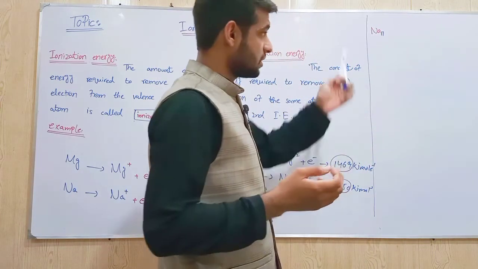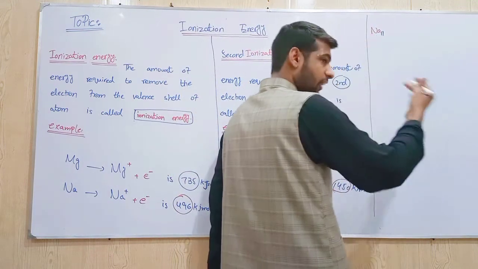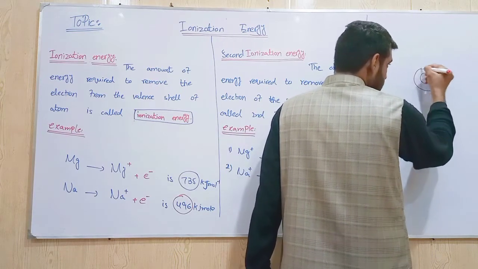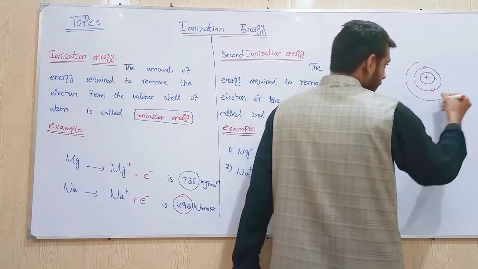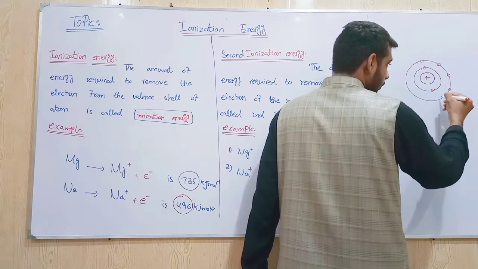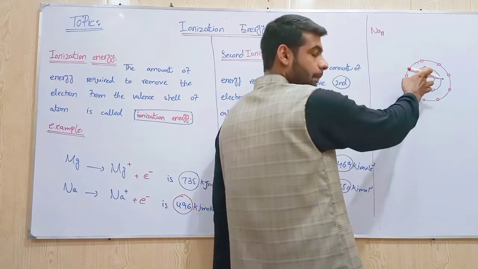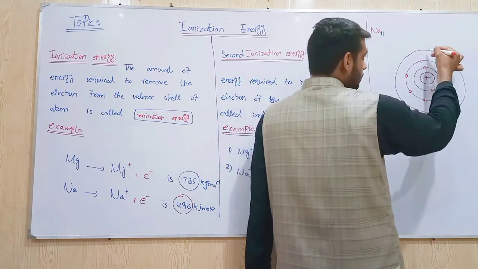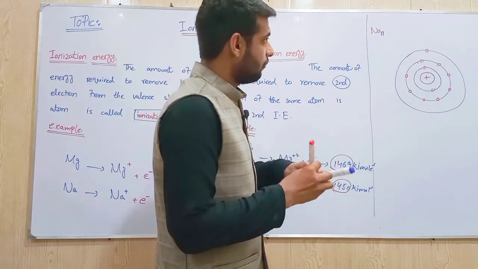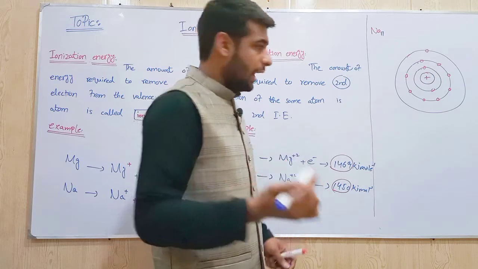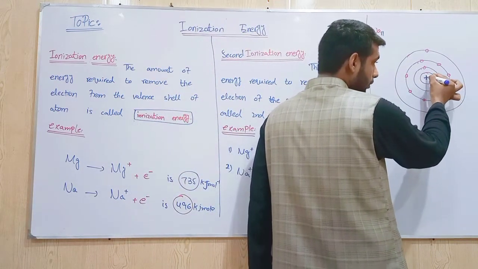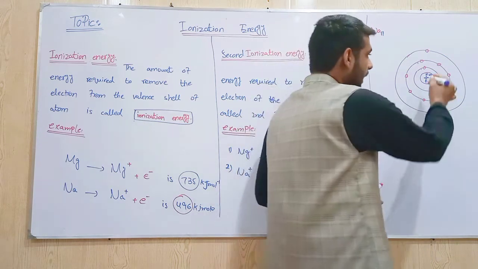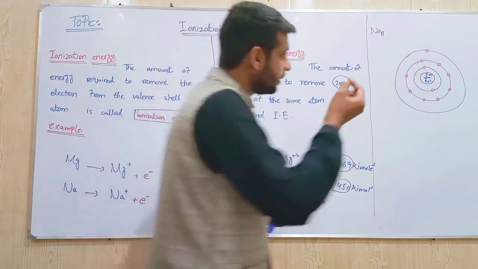Now I will discuss the structure of the atom of sodium. We know that the center of an atom is the nucleus, and the first shell has 2 electrons and the second shell has 8 electrons. 8 plus 2 is a total of 10, but the atomic number is 11, so the 11th electron goes in the third shell. This is the structure of sodium and the atomic number is 11. The center of the atom is the nucleus, and there are 11 protons and 11 neutrons in the nucleus.